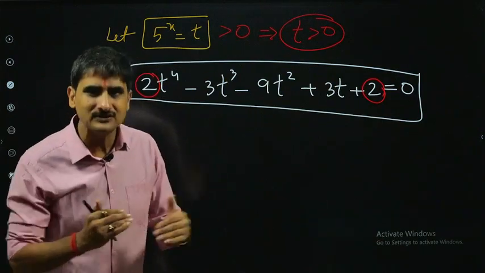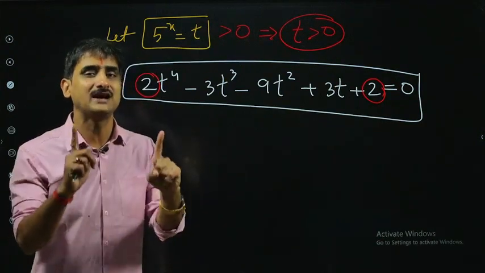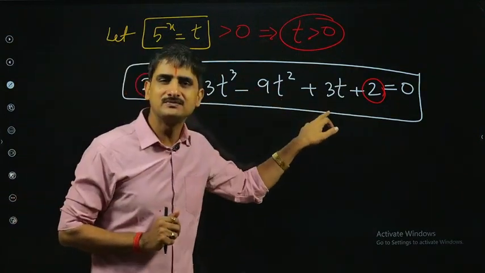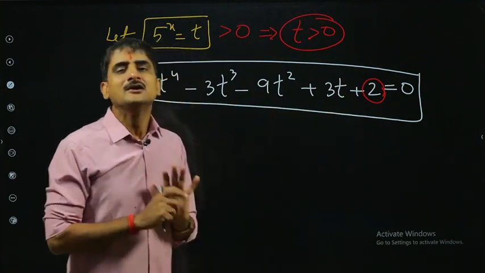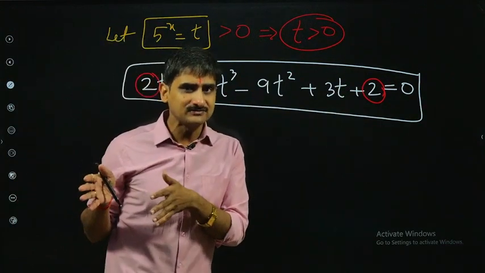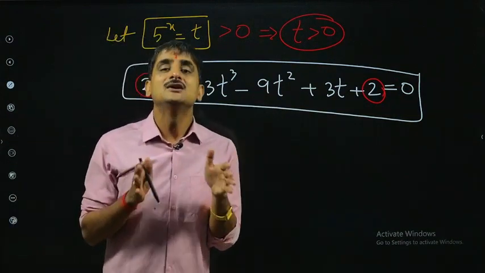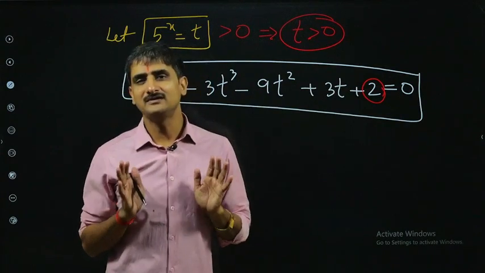They may have different sign, but they are the same in magnitude, like 3 and minus 3. If this would have been 6, so this could be minus 6 or plus 6. So the second highest degree term coefficient and the linear term coefficient should be the same in magnitude. They may differ in sign.